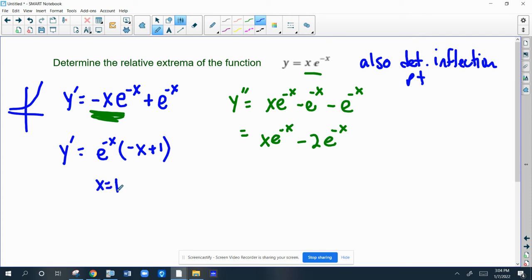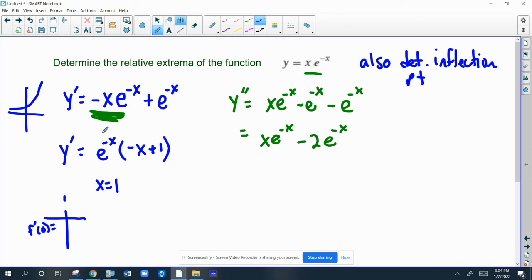We need to find out whether that's a minimum or maximum, so you can set up your chart. Exponential functions are defined for everything, so this is going from -infinity to +infinity. The derivative at 0: e to the negative x is always positive.